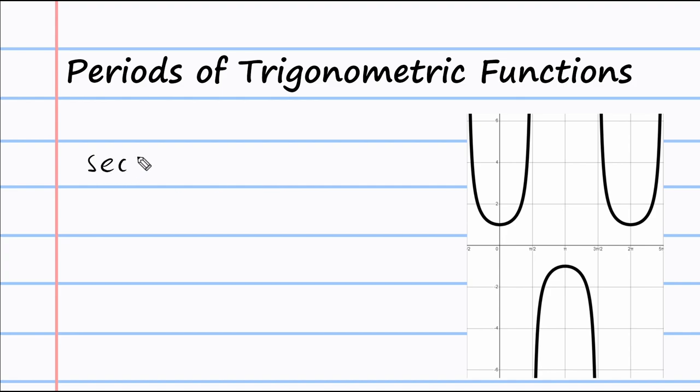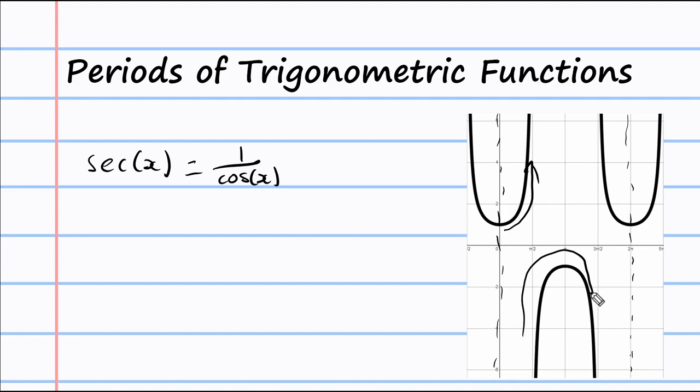This is secant x. Secant x is equal to 1 over cosine of x. Cosine of x has a period of 2 pi, so secant x will also have a period of 2 pi. And we can see that if we take a dashed line on x equals 0 and x equals 2 pi, this function begins to repeat itself after every 2 pi units.